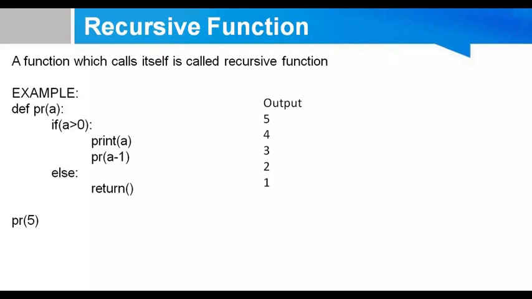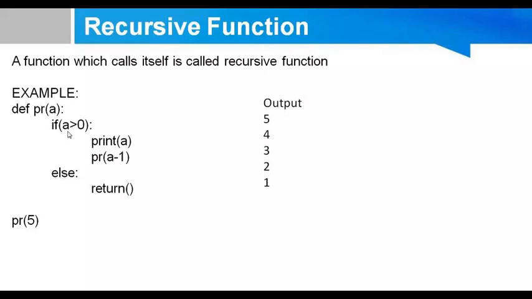Then first it will check 5 is greater than 0. Print, it will print 5, and pr 5 minus 1, that is 4. Then pr 4 means again this function is called with the value of 4. Again it will check 4 greater than 0, again it will print. Then what will happen? 4 minus 1, pr 3, again it will continue.